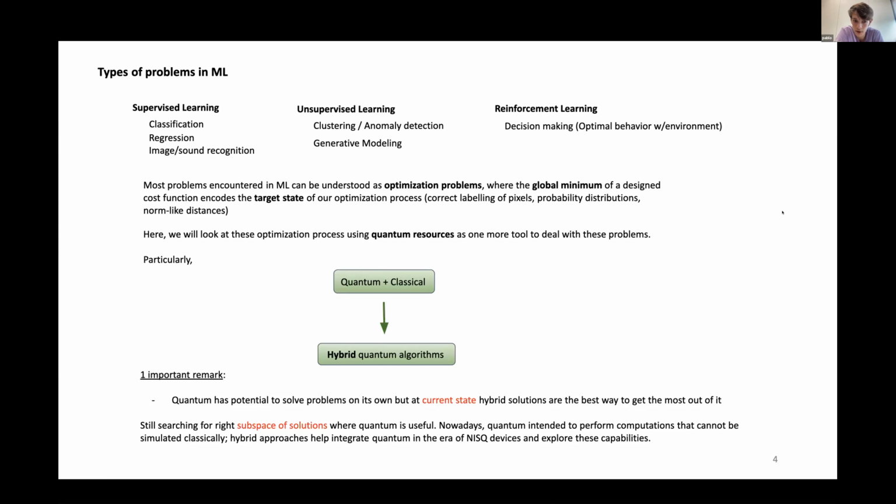But the problem is that at the current state of development of quantum hardware, hybrid solutions are simply the best way to get the most out of our quantum systems.